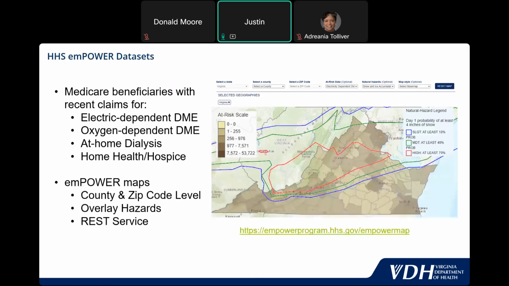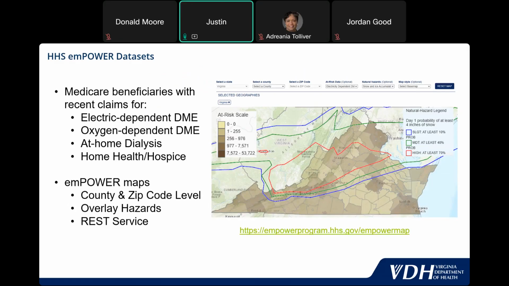All right, so what is the HHS emPOWER data set? This is a data set shared with us to help us identify Medicare beneficiaries with recent claims for electric-dependent durable medical equipment, oxygen-dependent durable medical equipment at home, which includes at-home dialysis care, as well as some home health and hospice care.